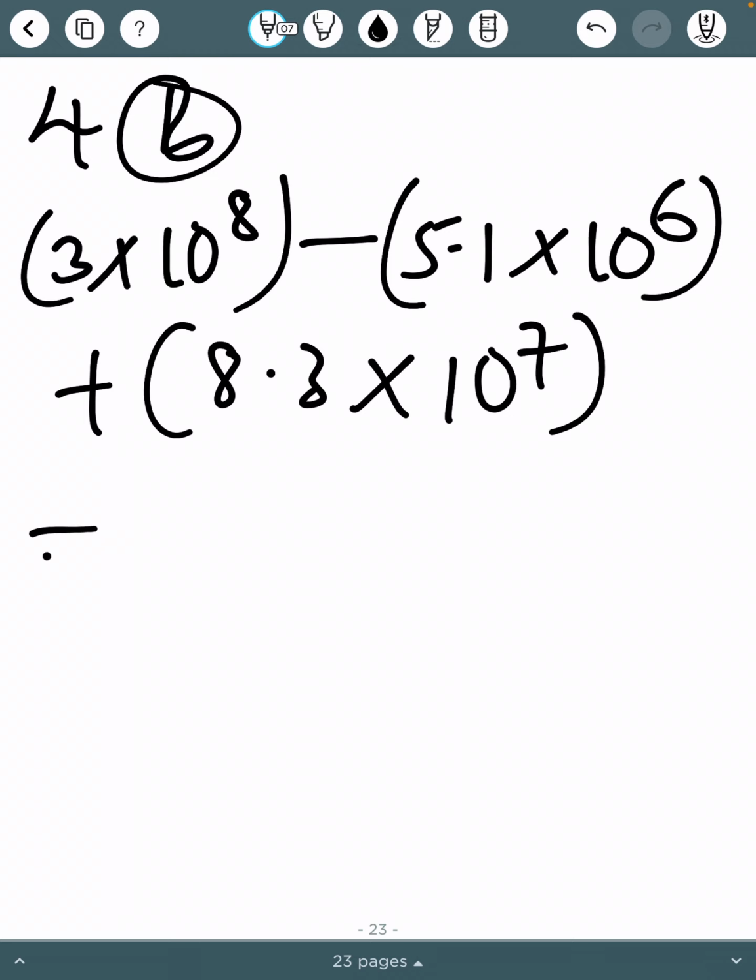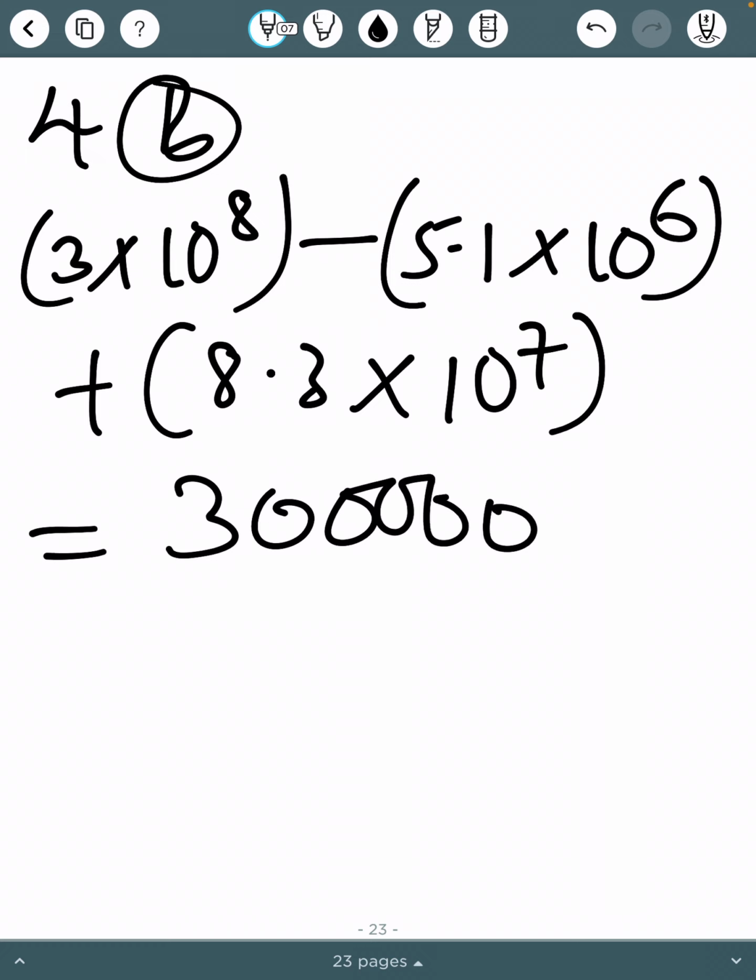I might need to write each one in ordinary form. This first bracket is going to give me 3, 1, 2, 3, 4, 5, 6, 7, 8. Just 3 and 8 zeros. Then minus the second bracket. By the time I move this forward, I'll be moving it forward once and then adding 5 zeros.